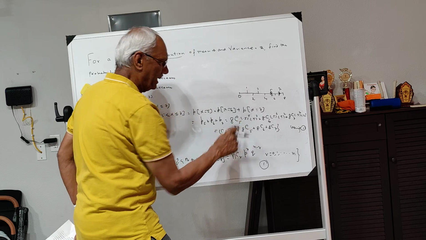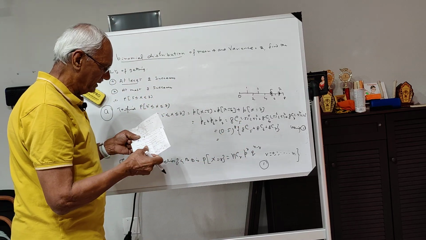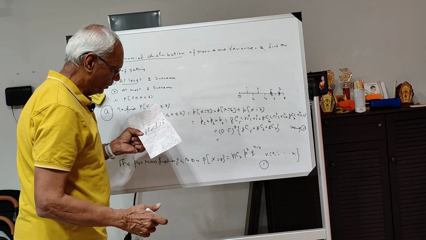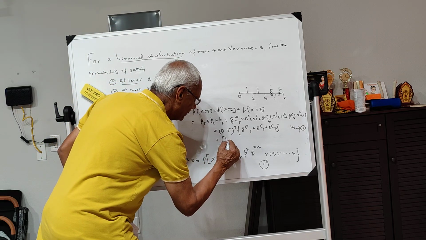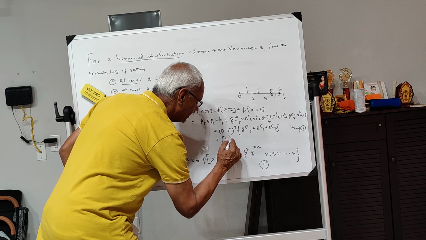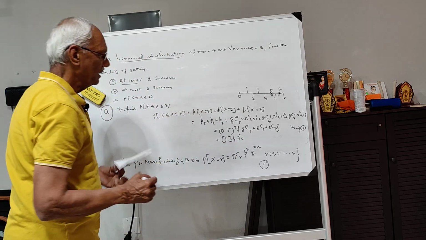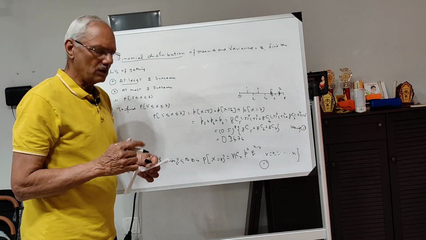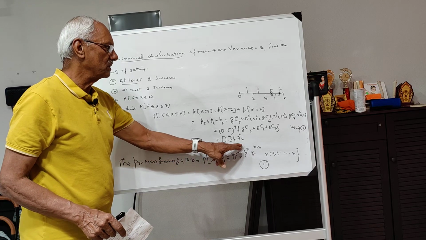If you simplify this, it is 0.3476. That is the probability of getting 5 successes or 6 successes or 7 successes.